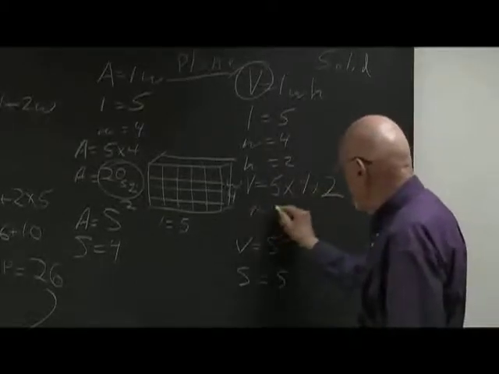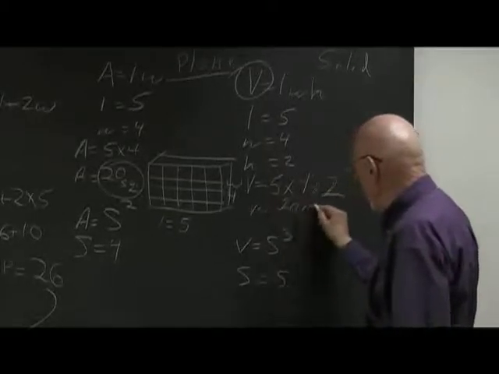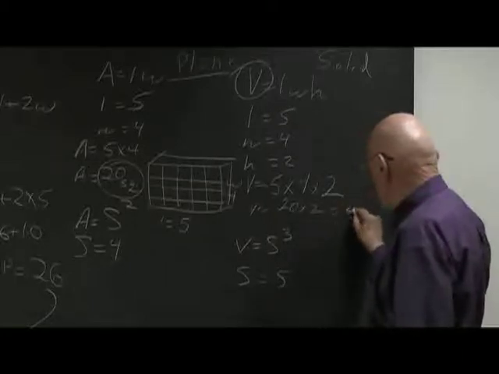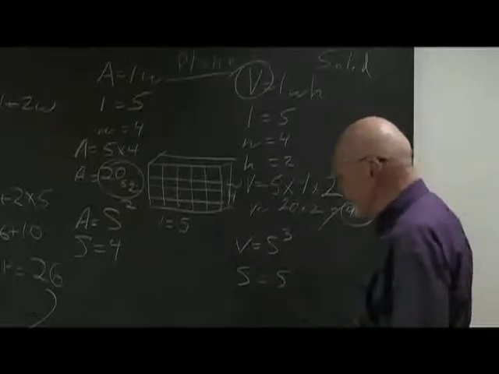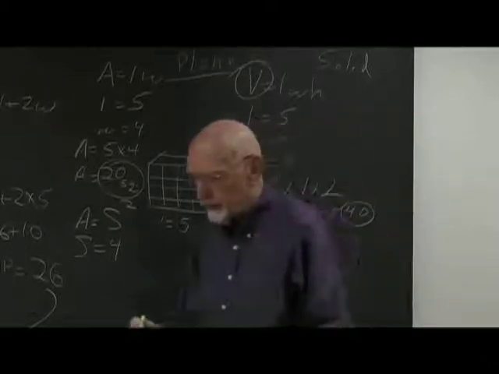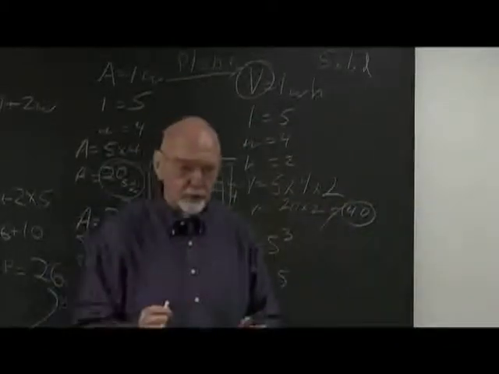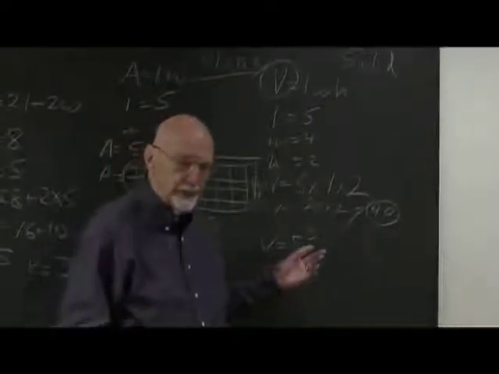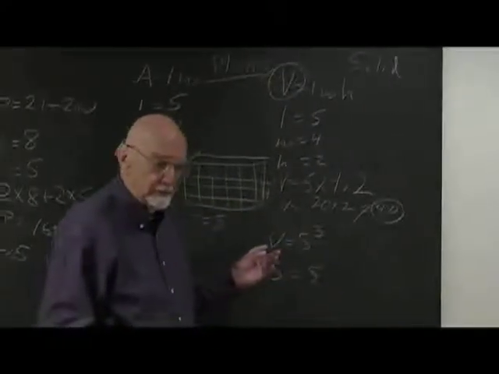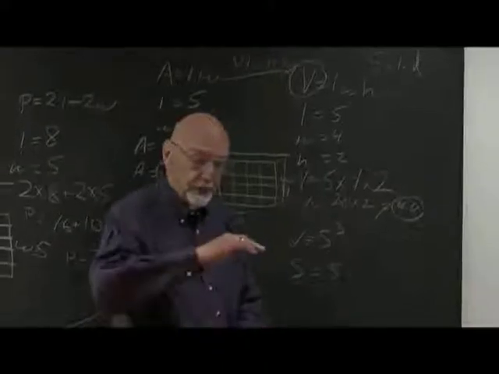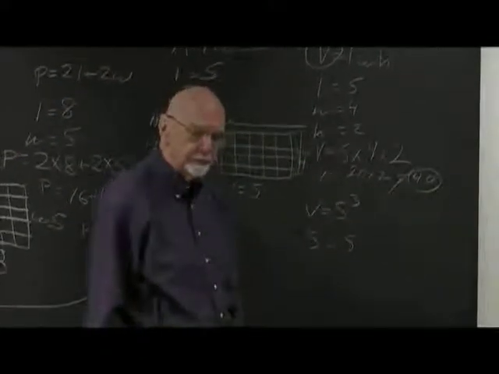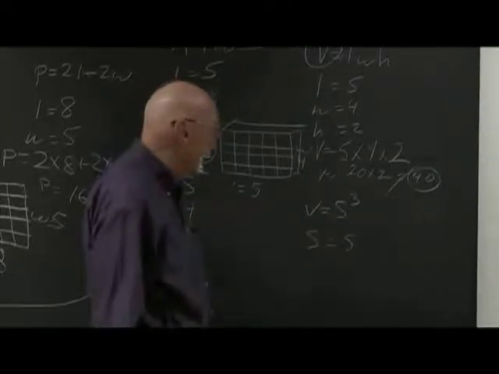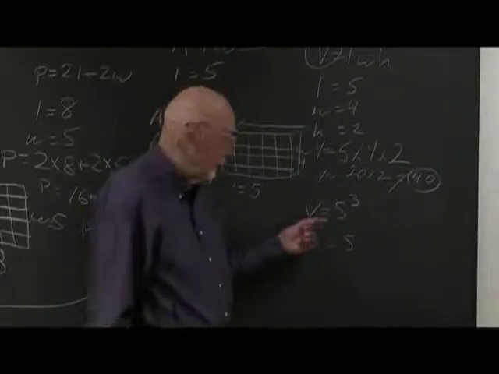So volume equals 5 times 4 is 20, times 2 would be 40. So in that situation, you could put in 40 things that were cubes of that same dimension. Might be feet, probably. 1 foot by 1 foot by 1 foot boxes. And that would be called a cube.